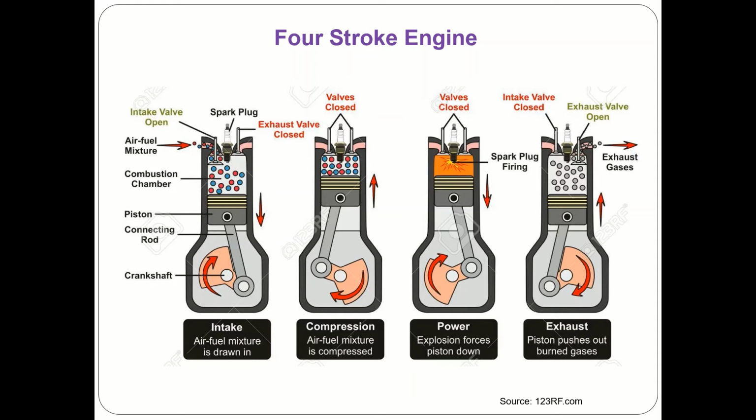In the compression stroke, which is the second stroke, the piston moves from bottom dead center to top dead center. Whatever mixture of fuel and air has been taken in is compressed, because now both the valves, that is the inlet valve as well as the exhaust valve, are closed. So whatever mixture you have in the cylinder, because of the motion of the piston from bottom dead center to top dead center, it gets compressed.